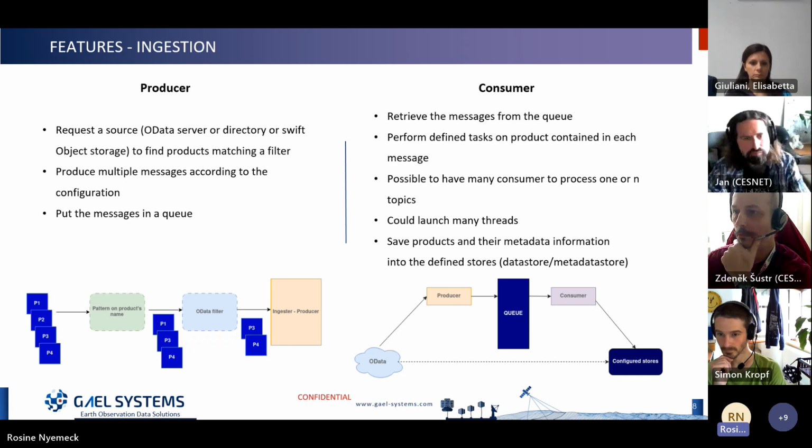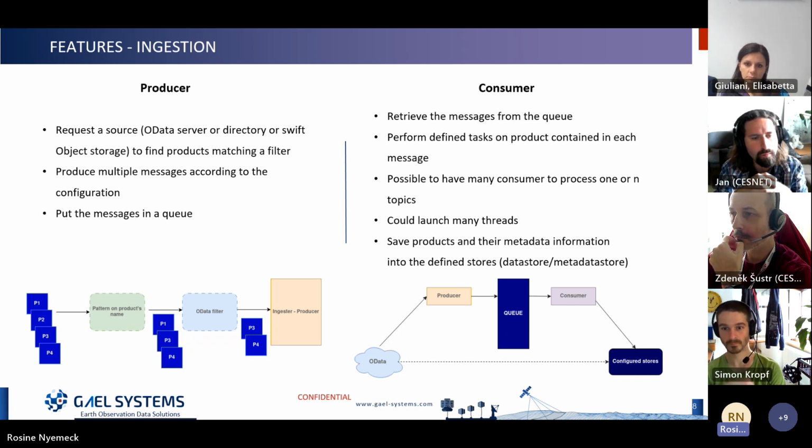And the products are put into the queue, and the queue processes them according to a certain order. It will read the topics defined for the consumer, and it launches as many threads as it needs to read all the messages and save all the information, metadata and data, into data stores and metadata stores.